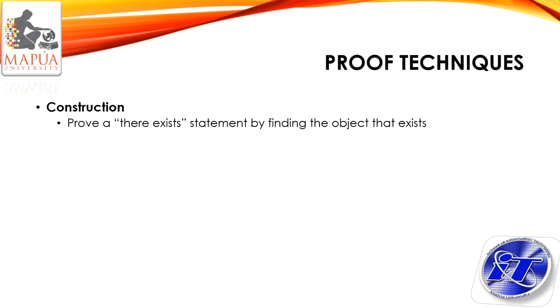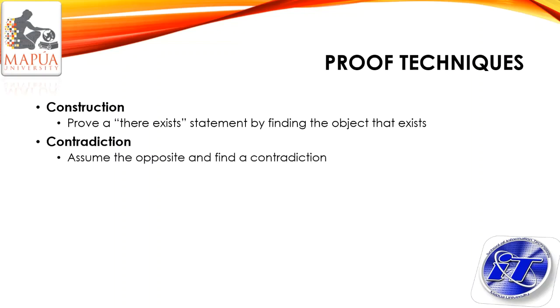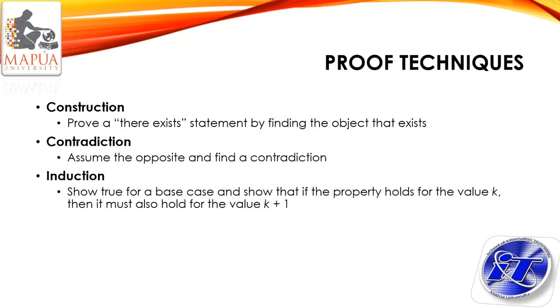Okay, and also we discussed proof techniques. So we have construction, contradiction, and induction. For construction, examples of this method are the direct and indirect methods. While for contradiction, we're going to find a value that will make the statement false. If we cannot find one, the statement is true.